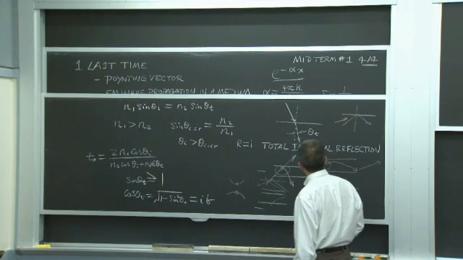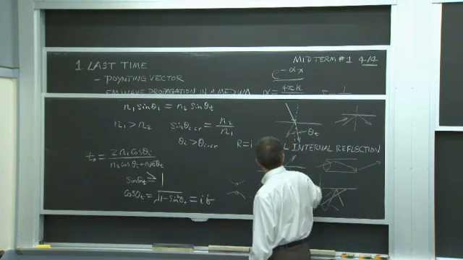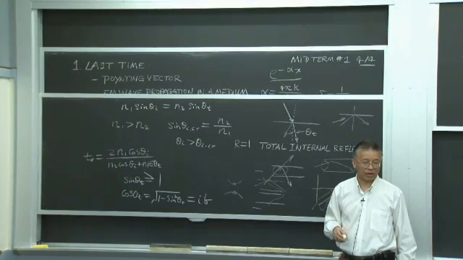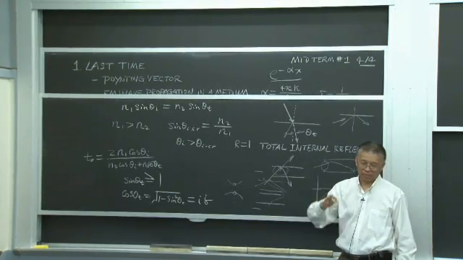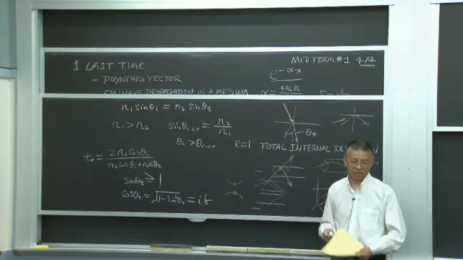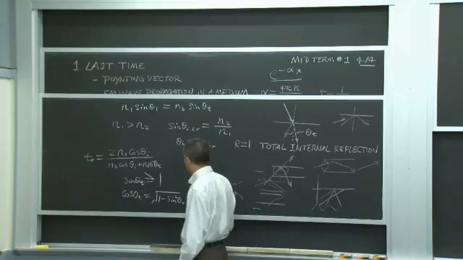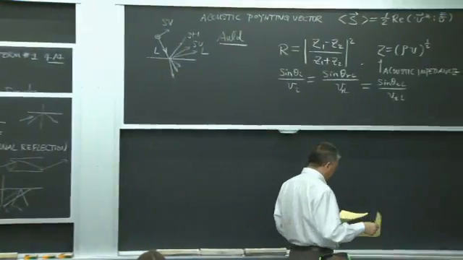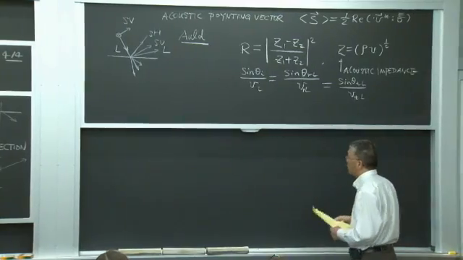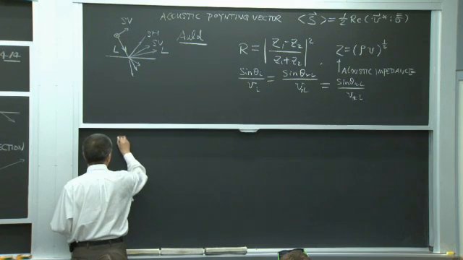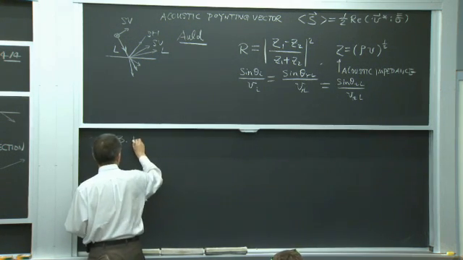Then if n is negative, it goes this way. Your theta goes the other way. So that's why, at the beginning, there were a lot of news articles about light bent the wrong way, all this stuff on electromagnetic metamaterials. Okay, so what we're approaching next is multilayers, thin films.